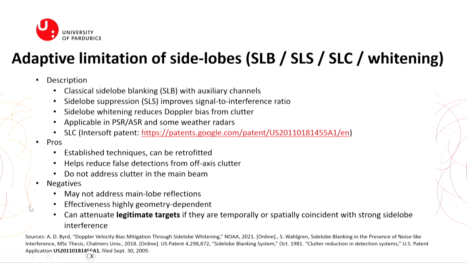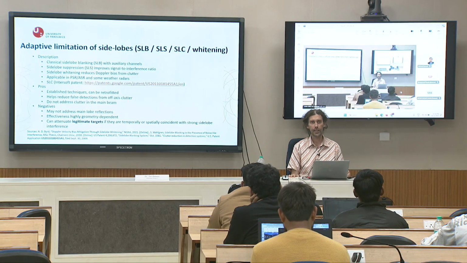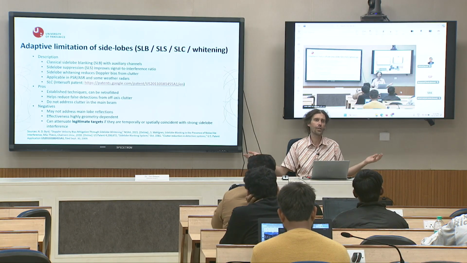And what is negative? It may not address main lobe reflection. Effectiveness is highly geometry dependent because it is side lobe. Of course, all you play with is the antenna diagram, and it can attenuate legitimate targets. Why? Because you play with side lobes, you limit side lobes, and if you have a target in these side lobes, you will mitigate it also.